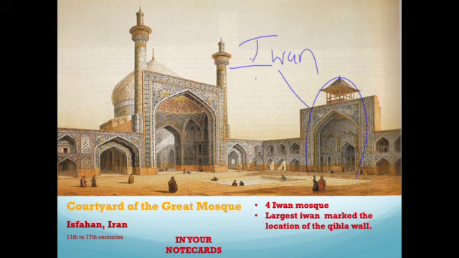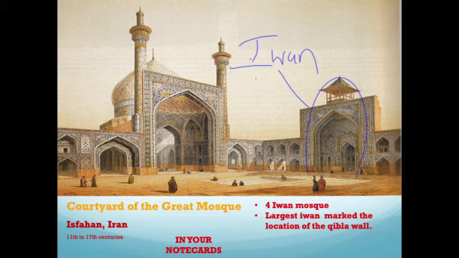An iwan is a large, squared entranceway that has a pointed arch in the middle, and it is a decorative architectural feature. It doesn't really serve any architectural purpose. The Great Mosque of Isfahan has 4 of these, and the largest iwan is where the qibla wall is, and it's also where the mihrab dome is.